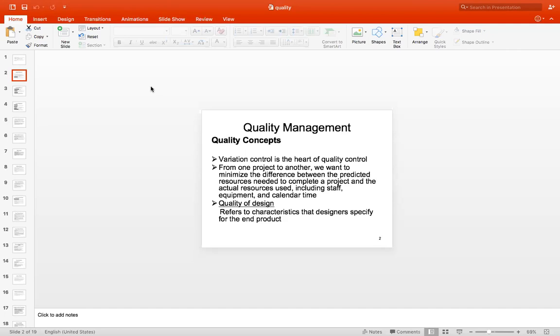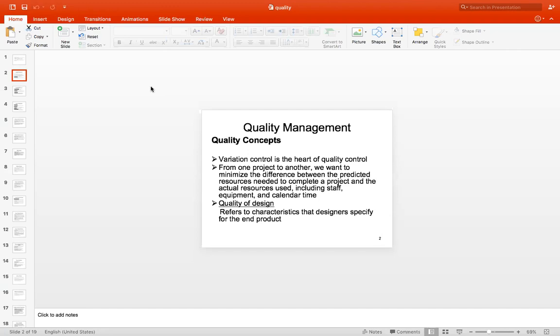If you are keeping some benchmark, like for any project, I'm going to employ only 10 members of staff, I'm going to allocate only this amount of budget, I'm going to allocate only this calendar time. If your manager or someone who is going to lead the project is like this, then obviously you can't achieve quality for the project, because all these things will vary from project to project.